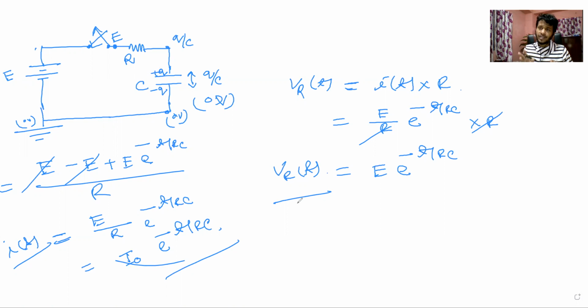So we can define the transient period as the period during which the charge on the capacitor changes, or the current through this RC circuit changes, or the voltage across this capacitor changes, or the voltage across this resistor changes, isn't it? What is the transient period?